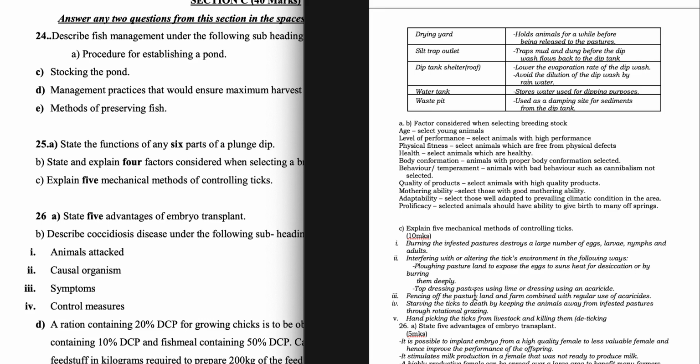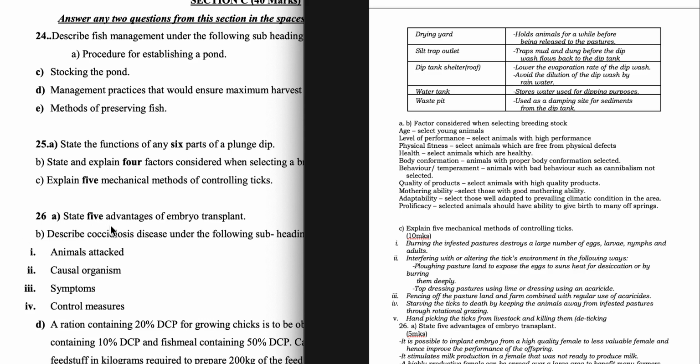Top dressing pastures using lime, or dressing using an acaricide. Fencing off the pasture land and farm combined with regular use of acaricides. Starving the ticks to death by keeping the animals away from infested pastures through rotational grazing. Handpicking the ticks from the livestock and killing them. That is what we call deticking.